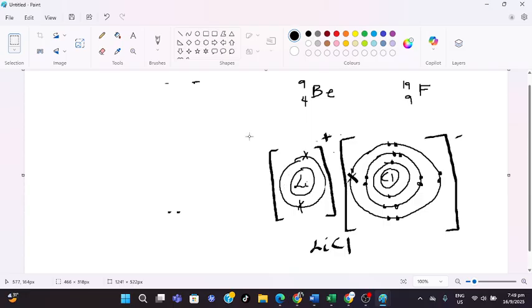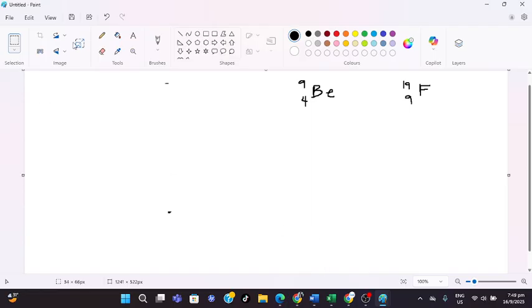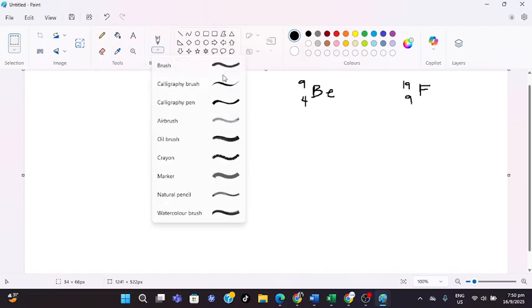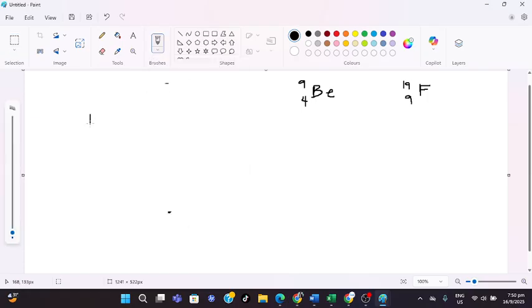Same thing, it's gonna be beryllium. Be is gonna be 9, so it's gonna be 2, 4.